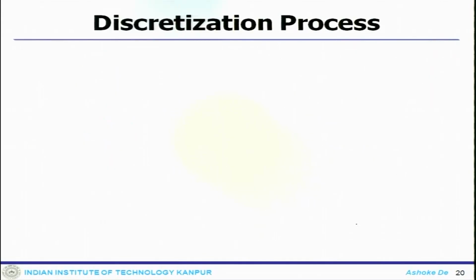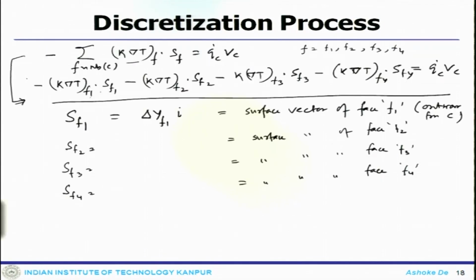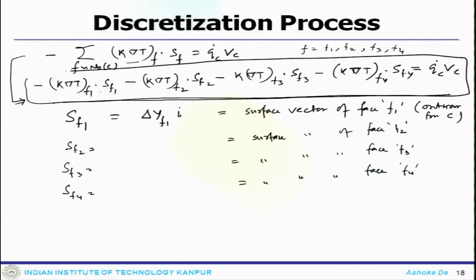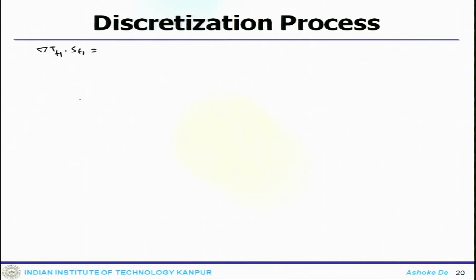So, now if I expand this particular term, now I have delta T F1 dot S F1, that is what we have got here. If you look at this equation, this is what we finally have got, and it has all the components of all the phases.